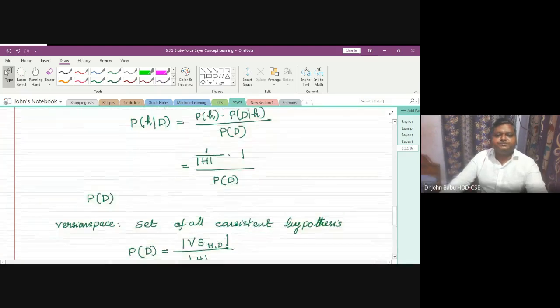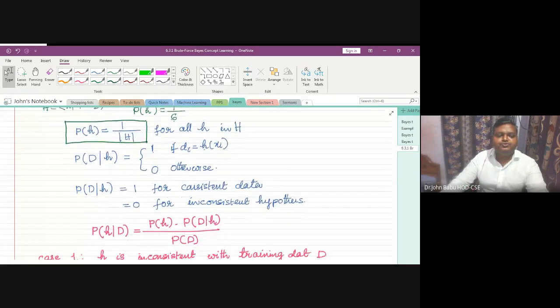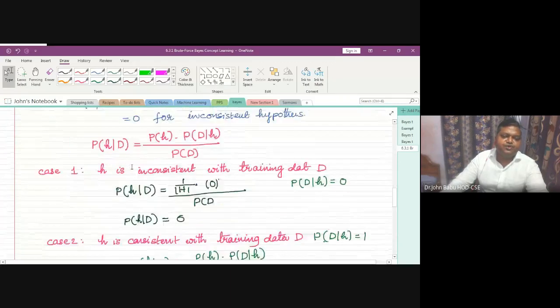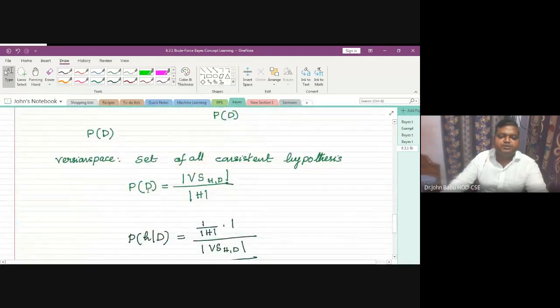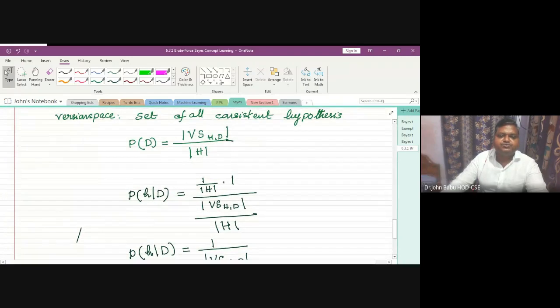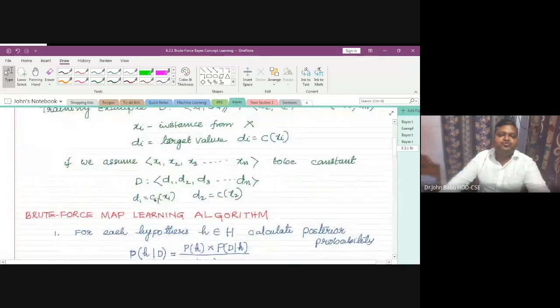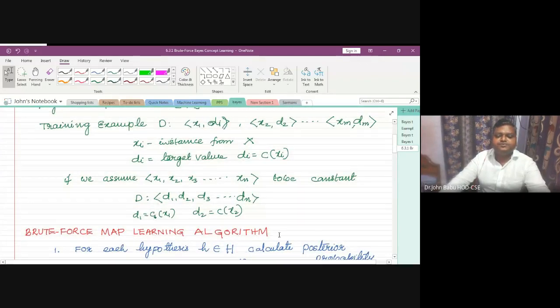So here two aspects you have to understand. Probability of H is equal to 1 by H. Probability of D is equal to the magnitude of version space by total hypothesis space. This is known as the brute force MAP learning algorithm.